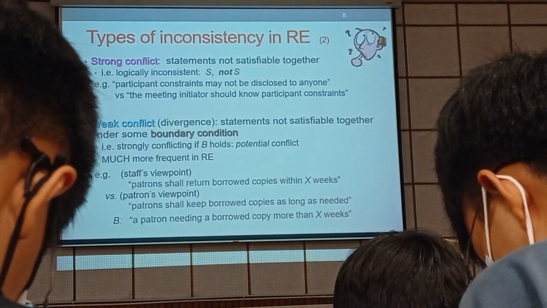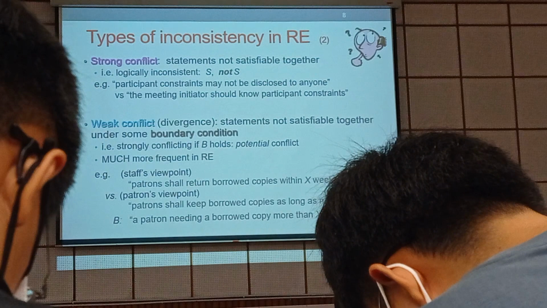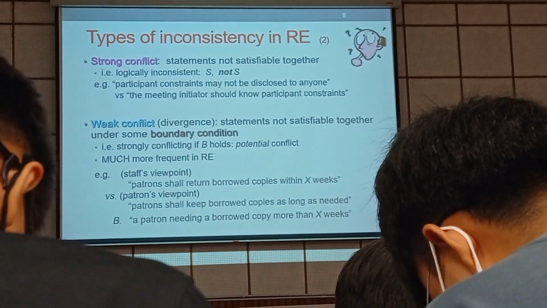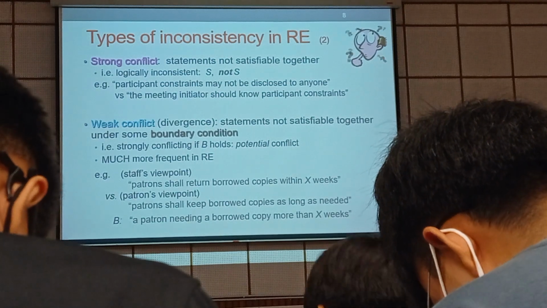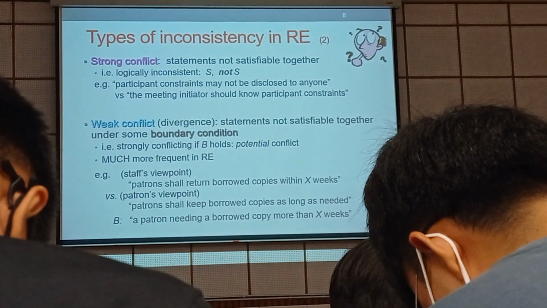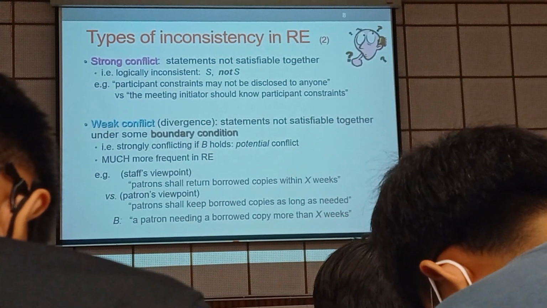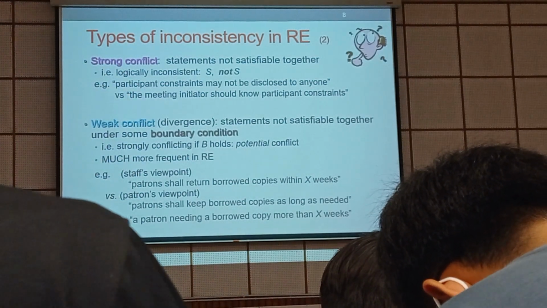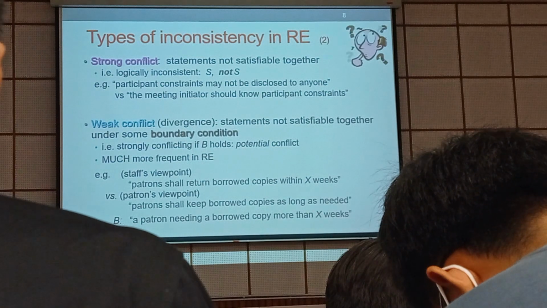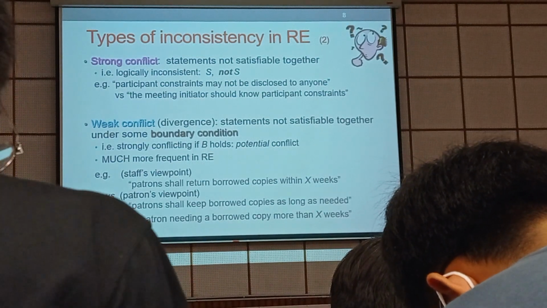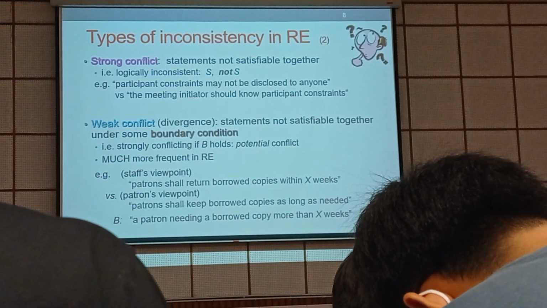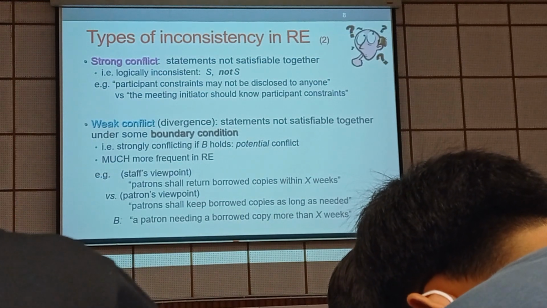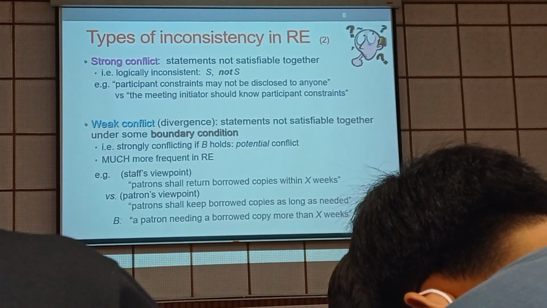With a very strong conflict, there is no way to satisfy both. You can only satisfy either one. Can you understand? Strong conflict, no way to satisfy both. You can only satisfy one of the requirements, and the other one you need to ignore. You have to say, no way, I cannot satisfy.